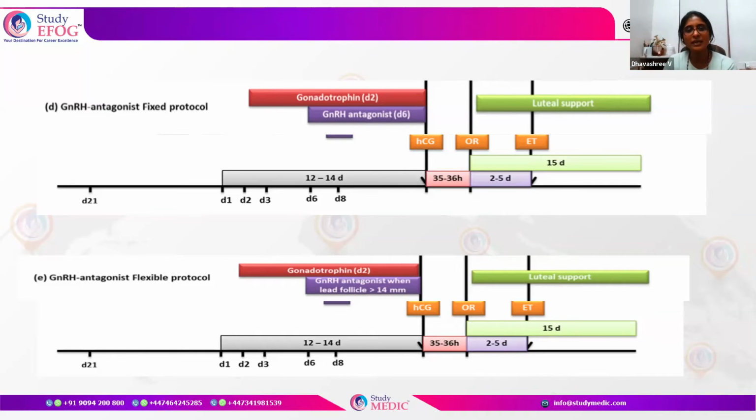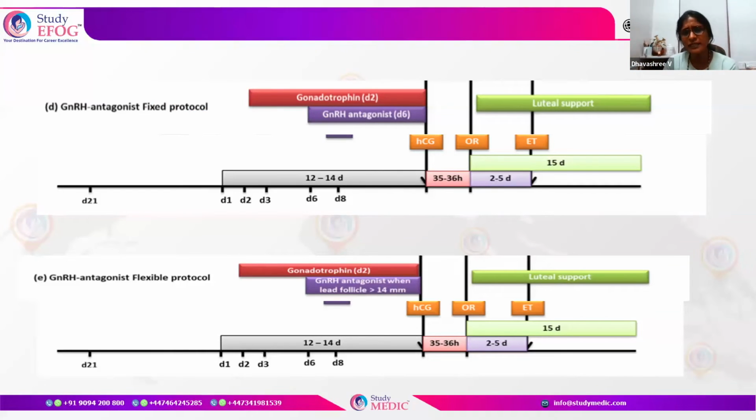The basic idea is you give gonadotrophins from day 2. In both we start giving on day 2, and in the fixed protocol, when the size of the follicle has become 13 or 14 mm, we have to start her on an antagonist because we expect the estradiol to be high, which can cause a premature LH surge.